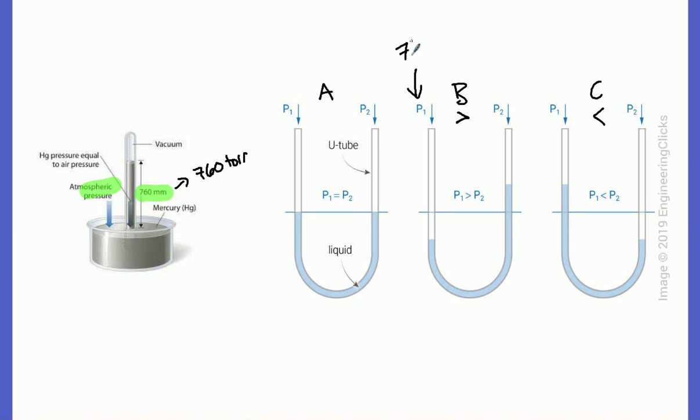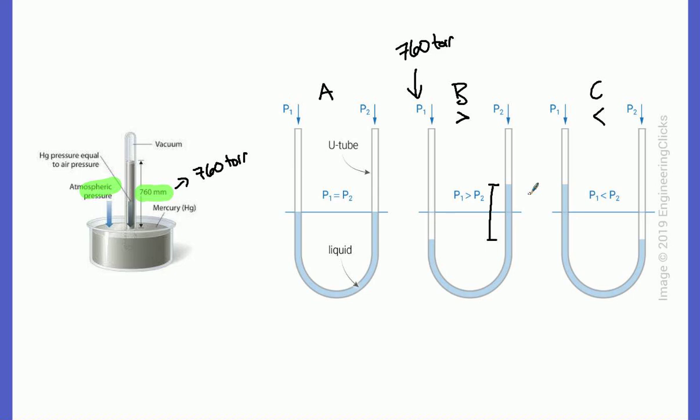Let's say atmospheric pressure is that 760 torr. Then I have a difference in pressures between 1 and 2, and I can literally measure a height difference from here to here. As long as that's mercury in those tubes, the millimeters of mercury difference give me a difference in pressure.